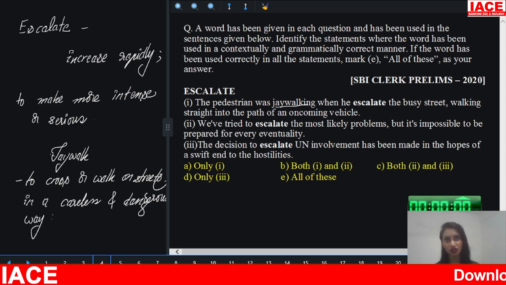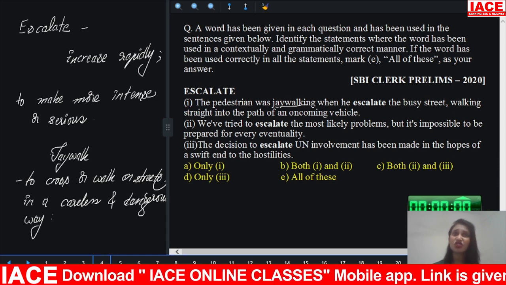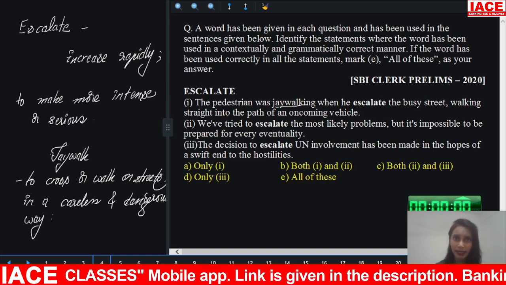That is what we call jaywalk. We have learned it. The people who painted the town red jaywalk. So you got that meaning, right?